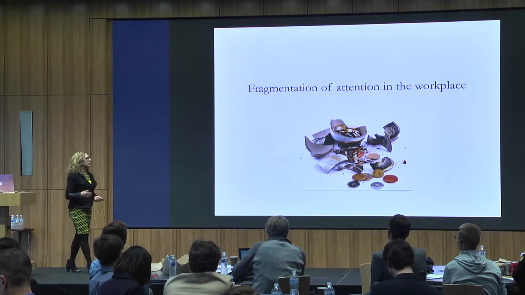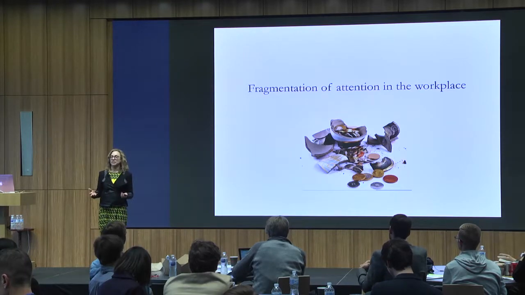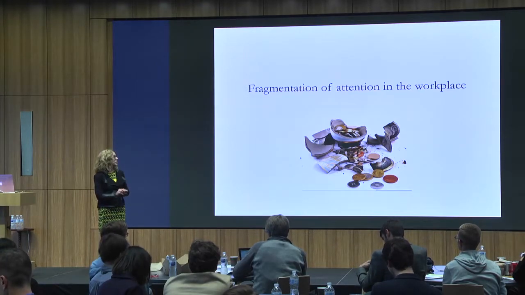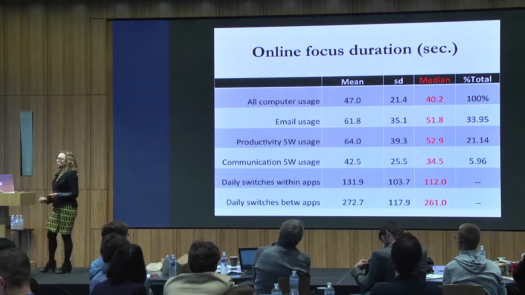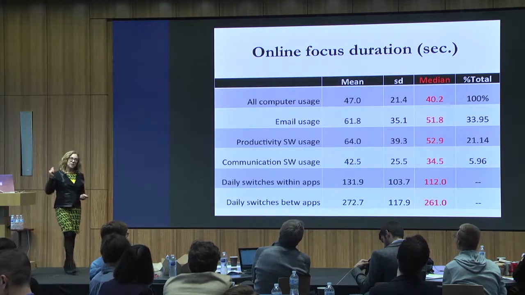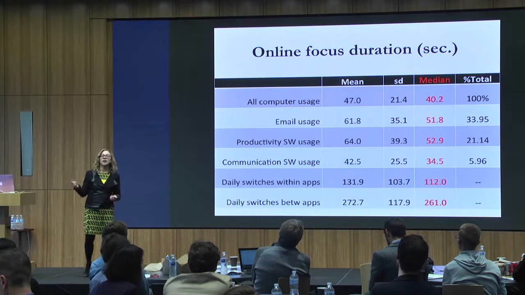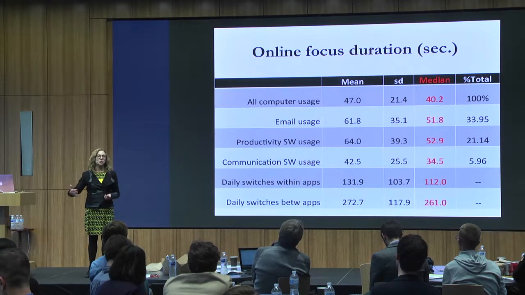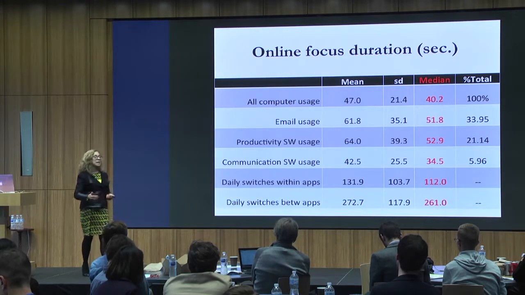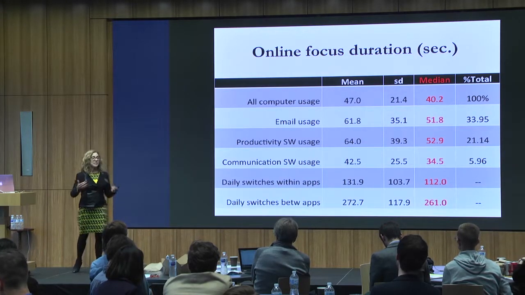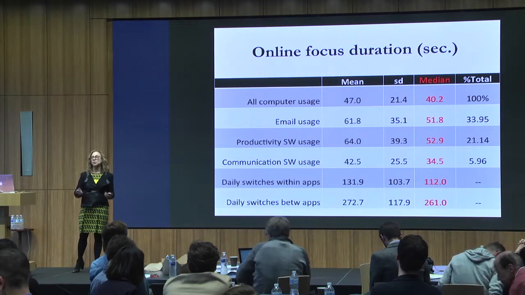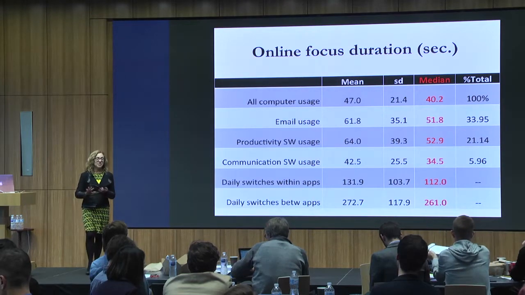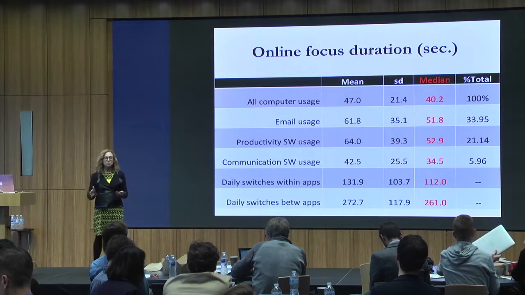So now let's look at how fragmented is people's attention in the workplace. Okay, so if we just look at the duration of time that a computer screen is in focus on people's computer, and we make an assumption here, and the assumption is that it's a proxy for where people are paying their attention. It's not a perfect measure, but it's a pretty good measure.